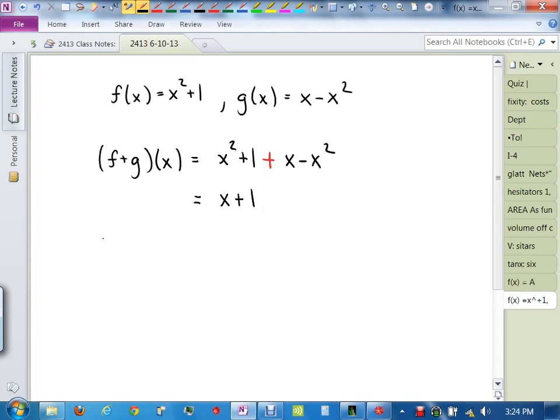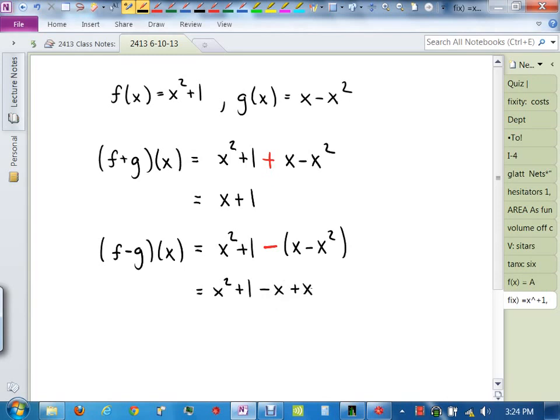Now, what if we do f minus g? Subtract. There's one thing we do have to be careful with here. What's that? That negative is actually going to have to distribute, right? So I should put the x minus x squared in parentheses so that I can distribute that negative through. So that becomes x squared plus 1 minus x plus x squared.